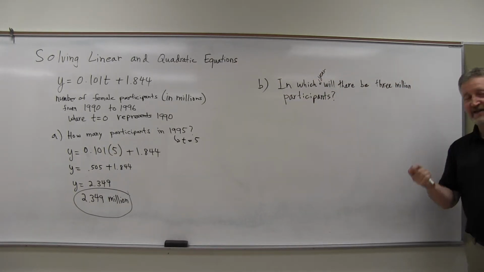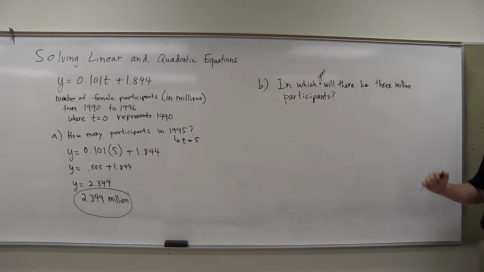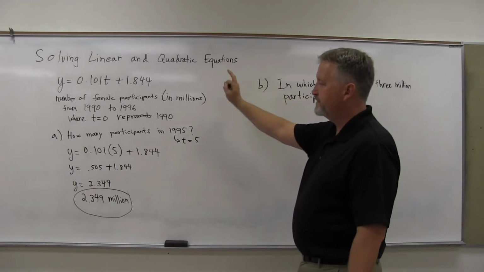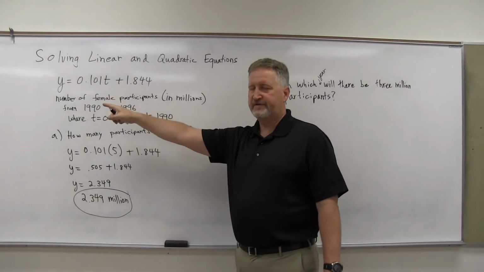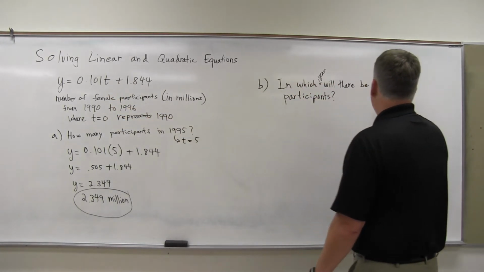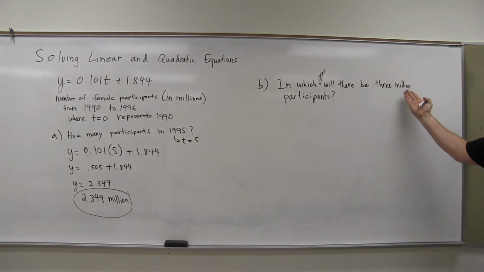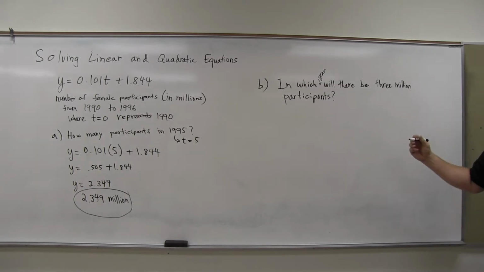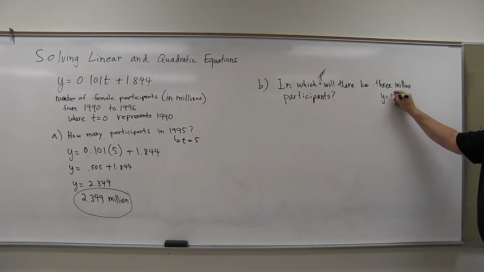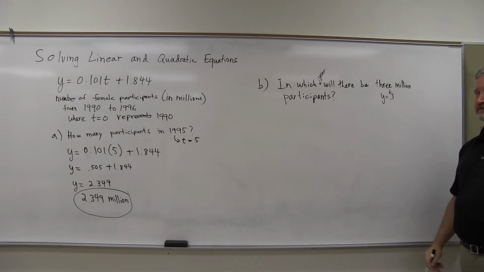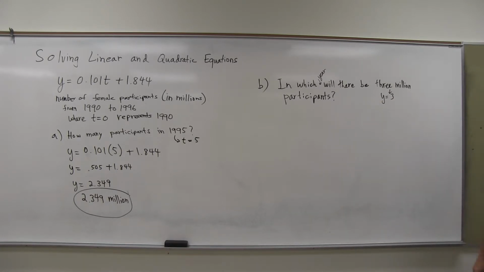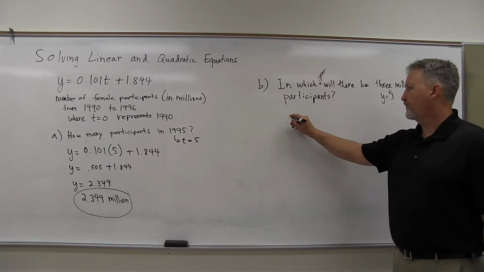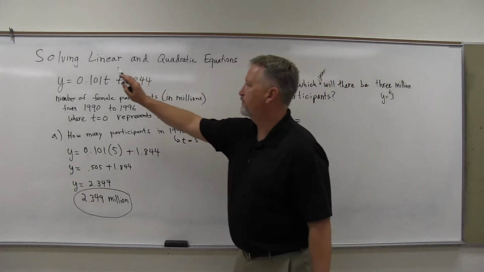Now y is not 3 million, because the y is the number of millions of female participants. So if I want 3 million participants, I want the y to be 3, because that's what the model gives me, y in millions. So I'm just going to plug in y to be 3.